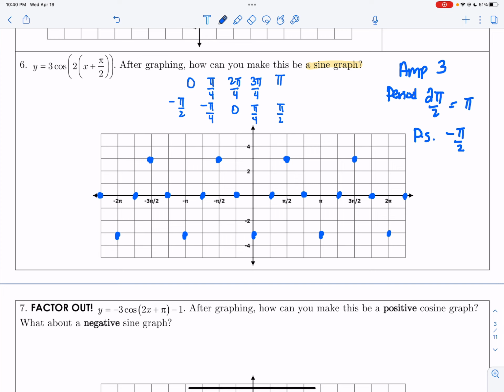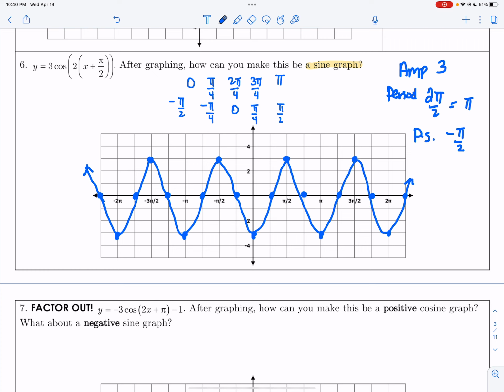And then just sketch it. Make sure that it is curvy and not sharp. So like this scene right here would not be good because it's not curvy enough. I would say it looks sharp. So just make sure that something like that.